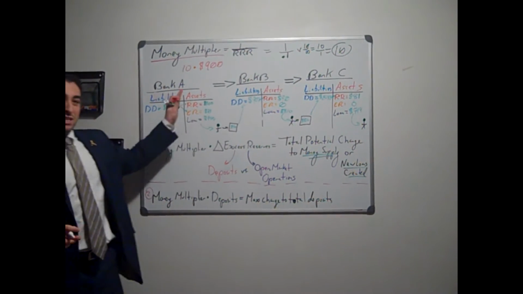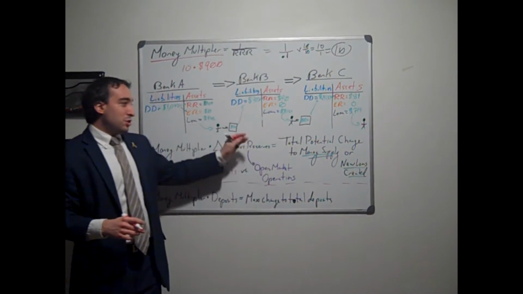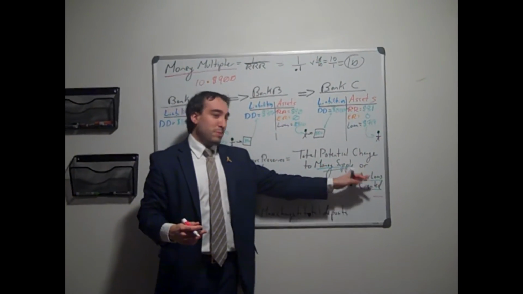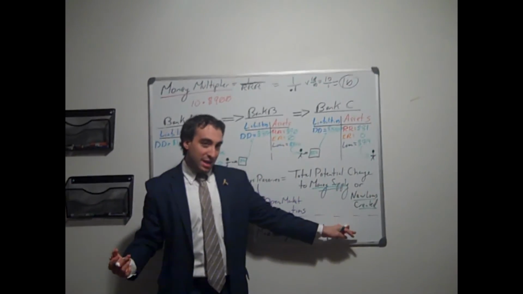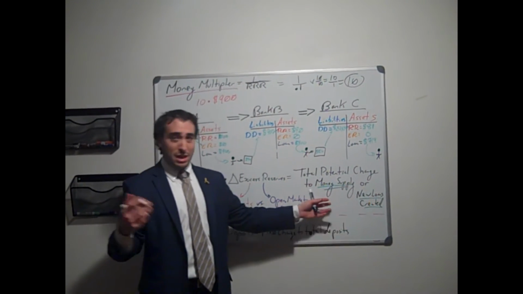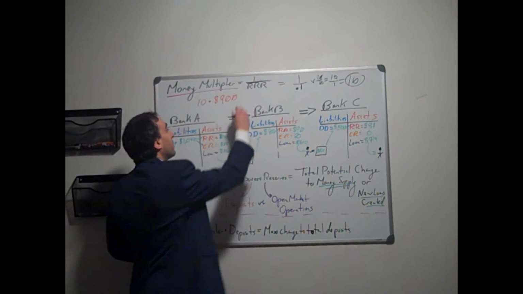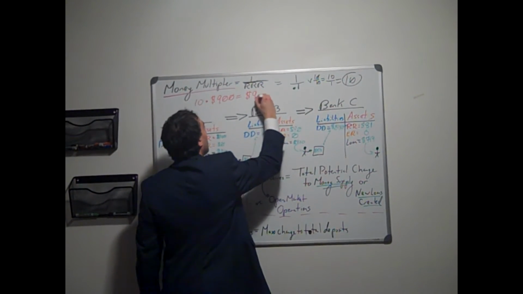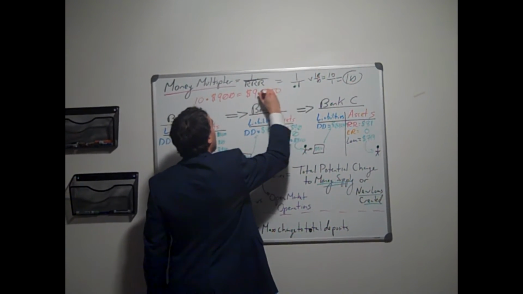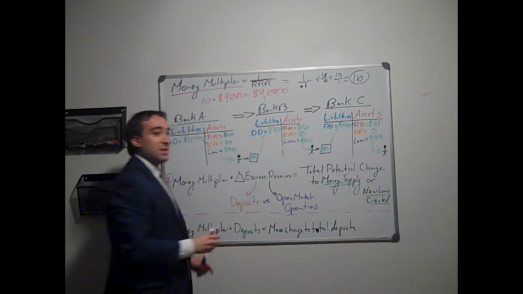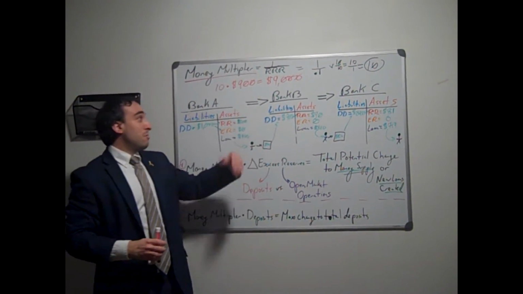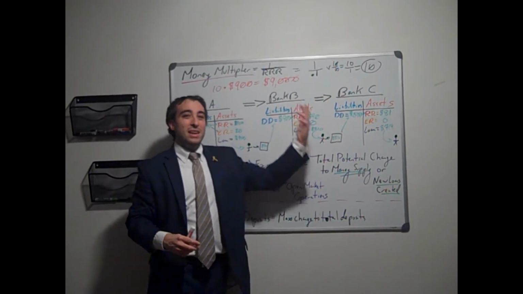And if banks did this to the maximum, the total potential change to the money supply, or the total potential change to new loans created, be careful which the question is asking you, it's actually the same thing, would be $9,000.